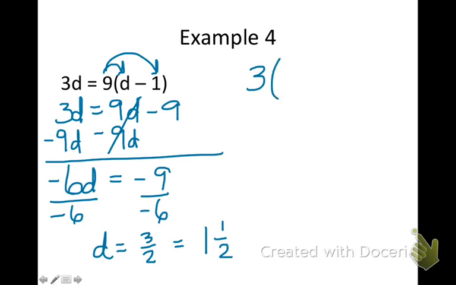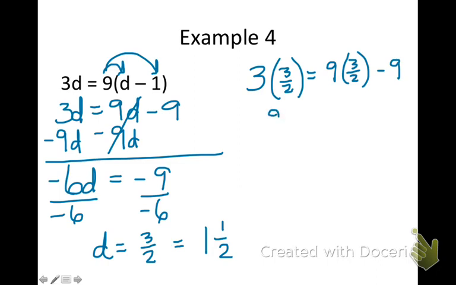So 3 times 3/2 should be equal to 9 times, actually I'll go ahead and keep the distributive property part, 3/2 minus the 9.